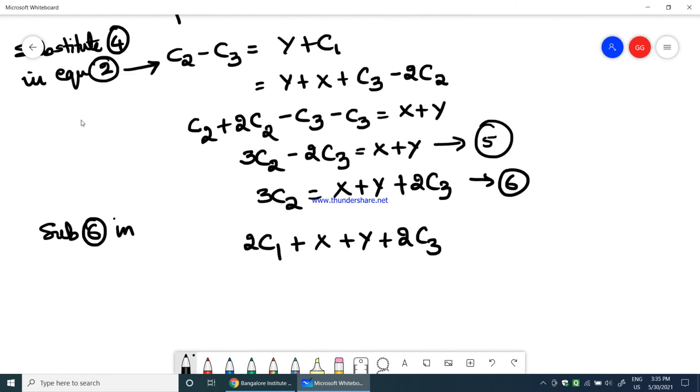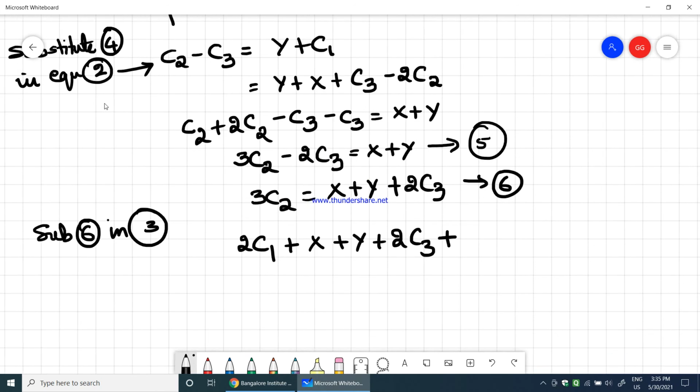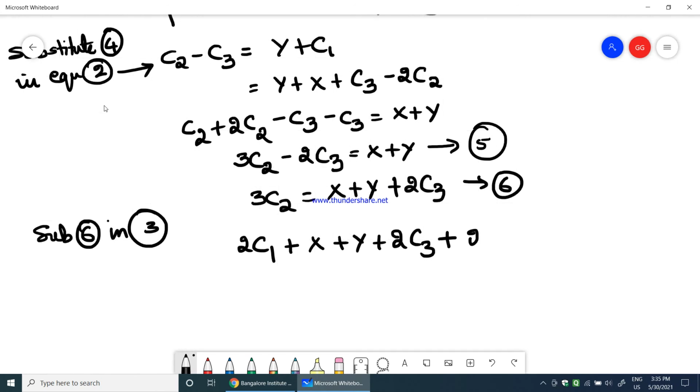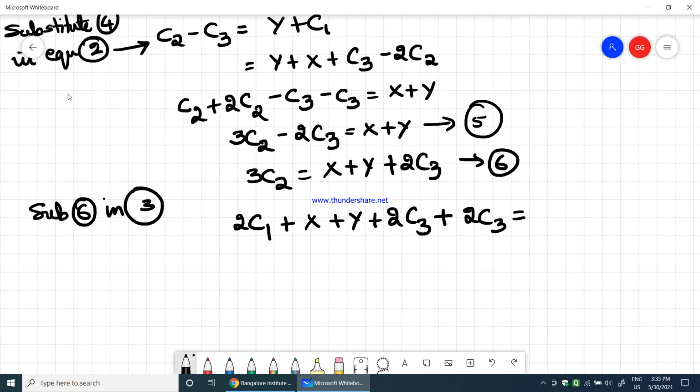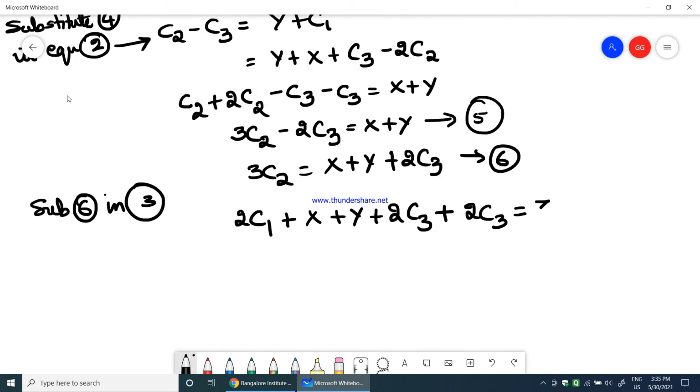So we get 2C1 plus X plus Y plus 2C3 plus 2C3 equals Z. So I get 2C1 plus 4C3 equals Z minus X minus Y.